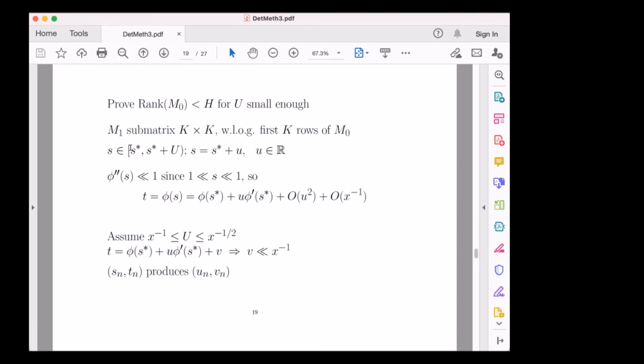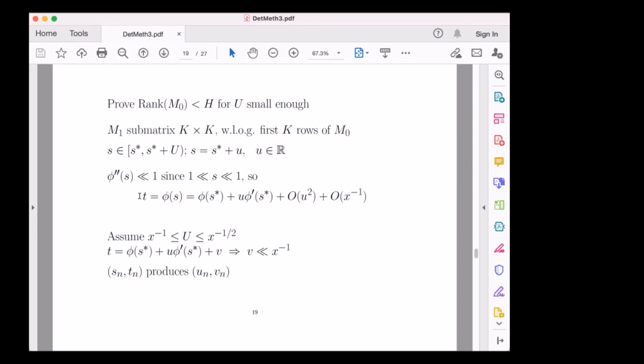Since S is in the interval from S star to S star plus U, we'll represent it as S star plus little u. Previously, in the previous lecture, at some stage in the argument, I said that we'll forget that things were ordinary integers and just suppose they're p-adic integers. Well, analogously here, we'll just remember that u is a real number rather than that it's some rational number minus S star.